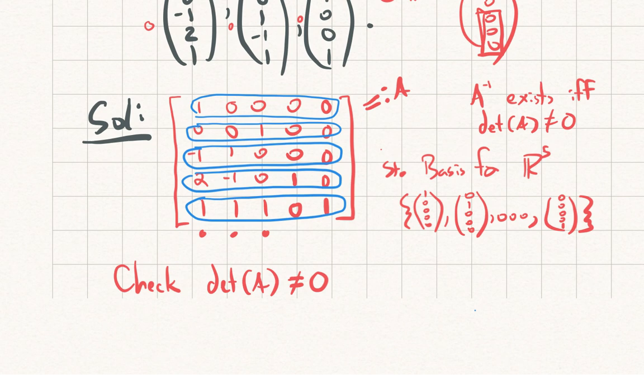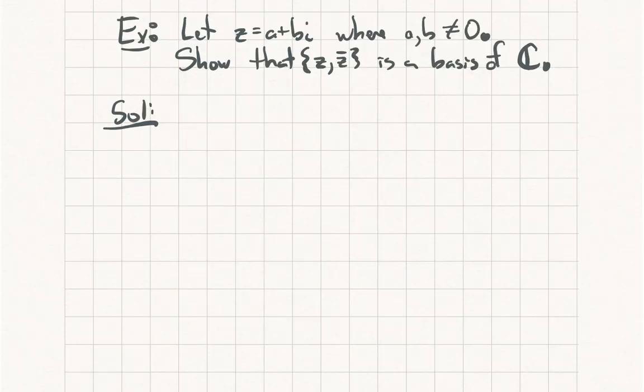So that's how useful the above theorem is. It allows us to use our linear algebra 1 techniques to talk about bases and linear independence. Let's do this example here. Let's get back to the complex numbers as a vector space.